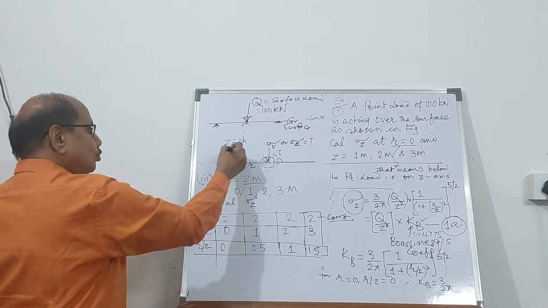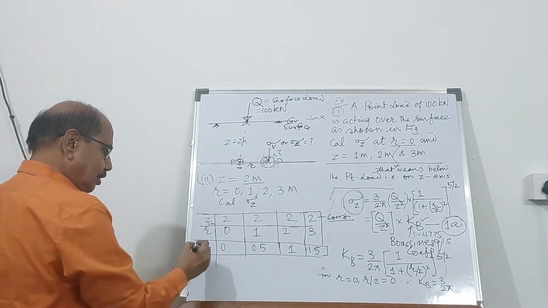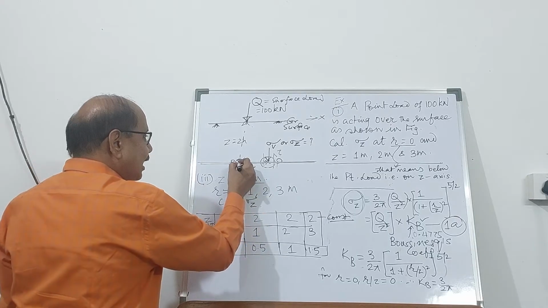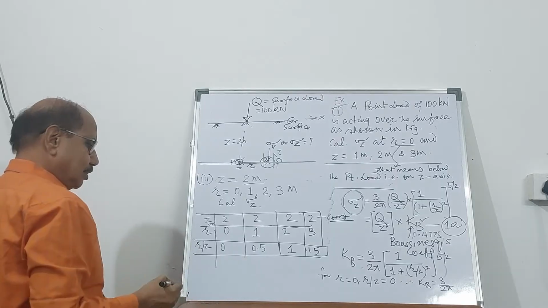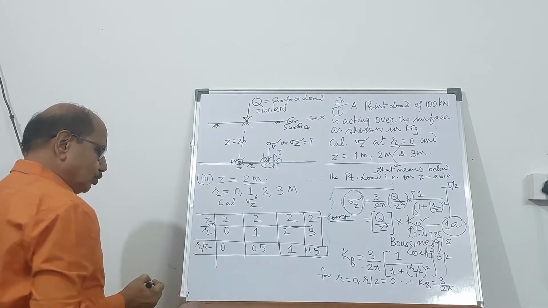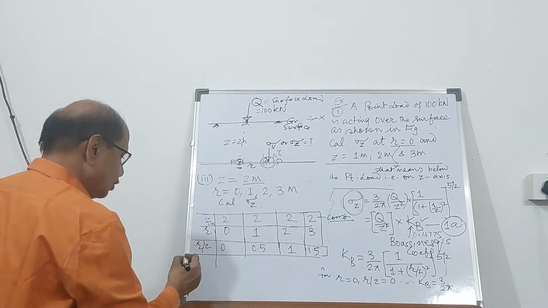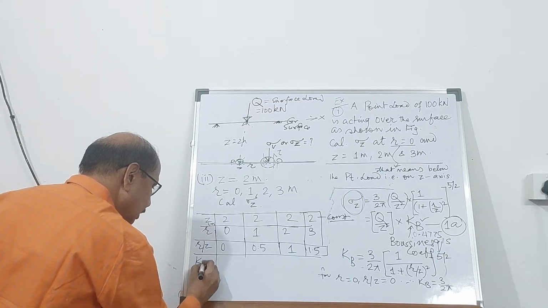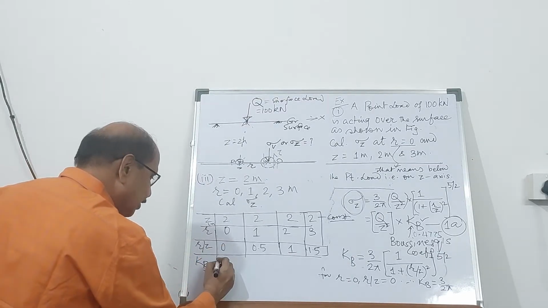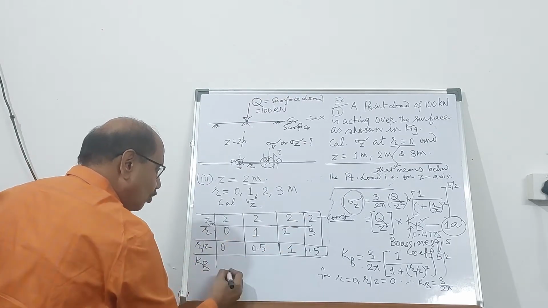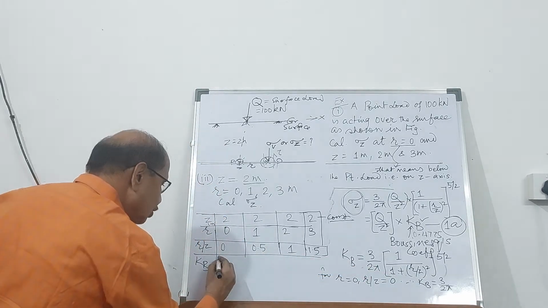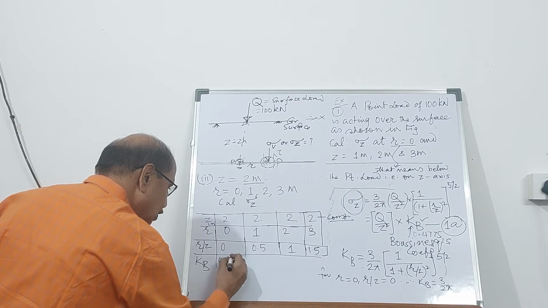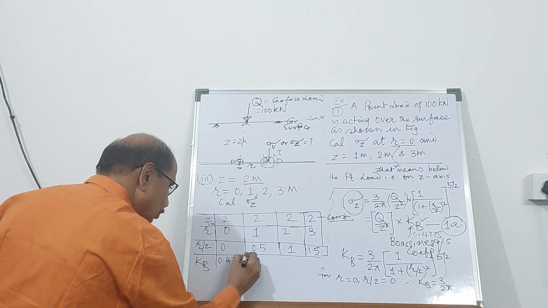So z equal to 2 meter, it's a constant. But r is changing. r here 1 meter, 2 meter, 3 meter. So how is the value going to change? So you can find out Kb. For r by z 0, Kb you have already found out as 3 by 2 pi, that is 0.4775. Okay.